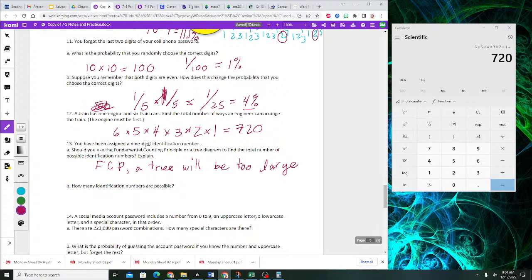Well, with 9 digits, we're doing 10 times 10 times 10 times 10 times 10 times 10 times 10, 9 of them in all: 1, 2, 3, 4, 5, 6, 7, 8, 9. That's a 1 followed by 9 zeros: thousands, millions, billions. There's 1 billion possible identification numbers then.